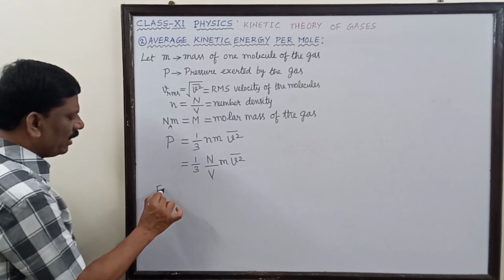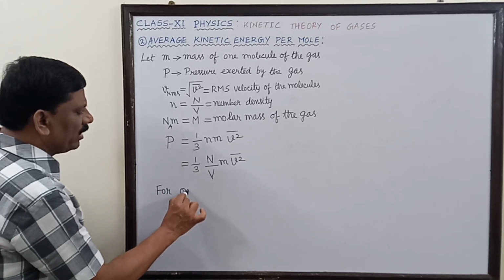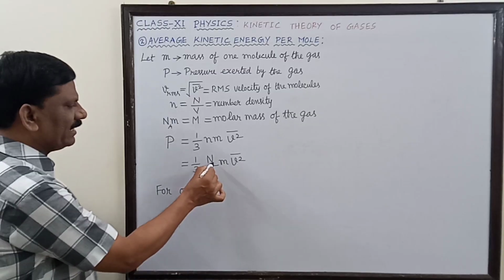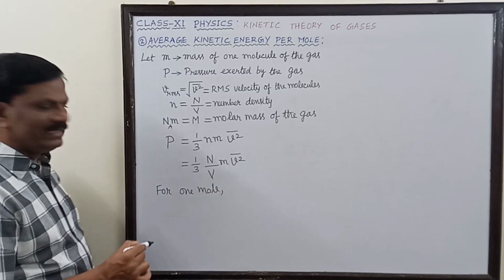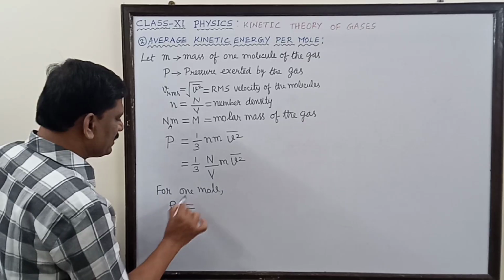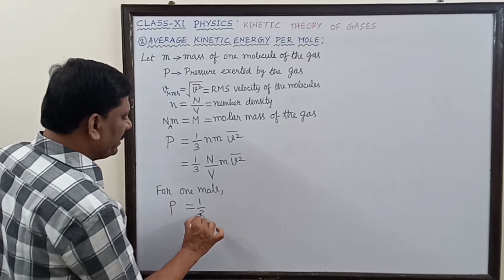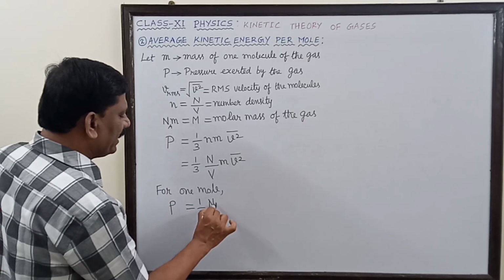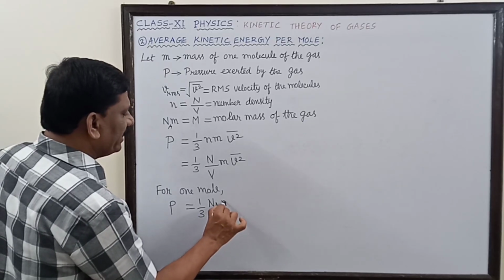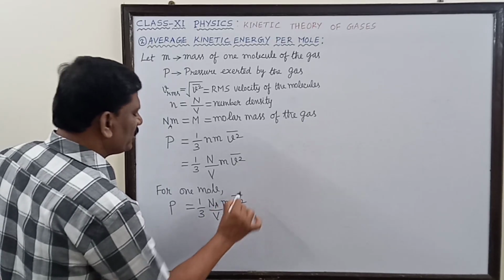Now if you take 1 mole of the gas, then the number of molecules N can be replaced by Na. So P is now equal to 1 by 3 into Na by V into m V square average.